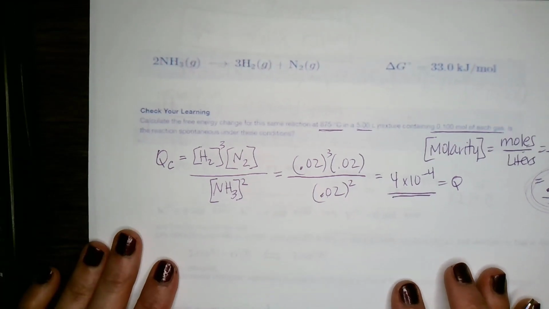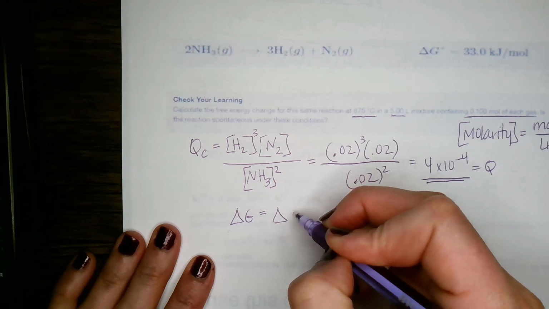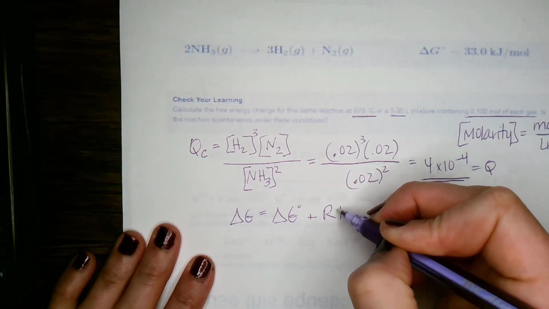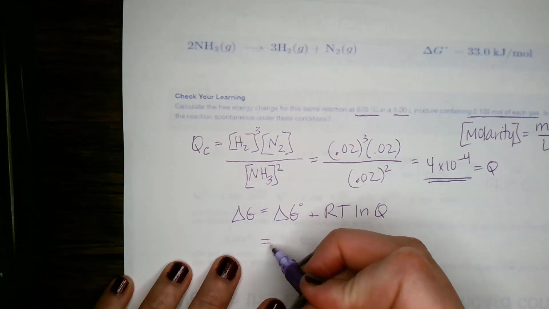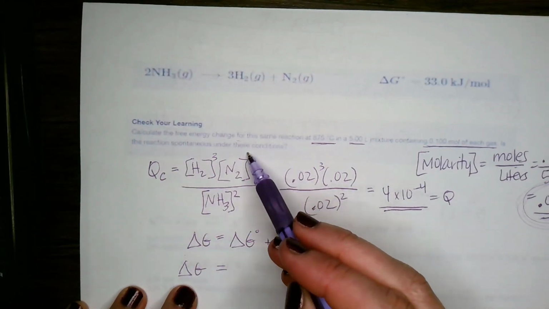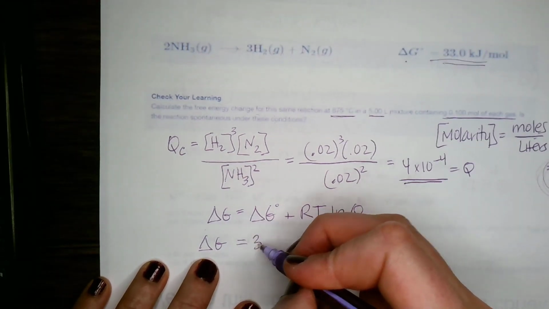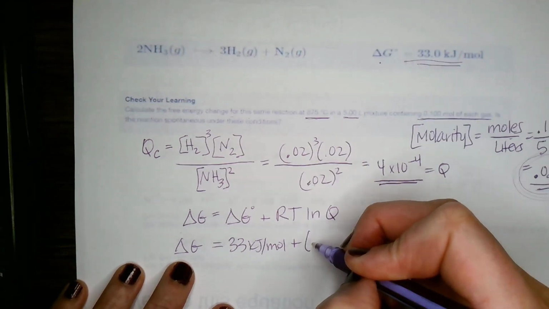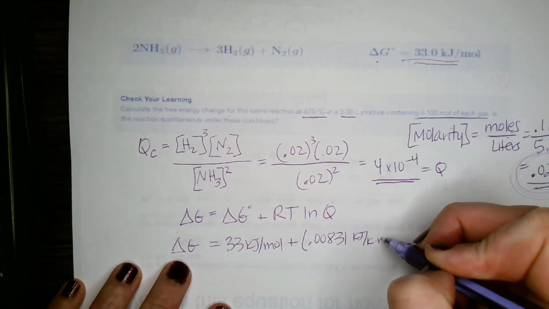Okay, now let's plug in. We know that delta G for non-standard is equal to delta G naught, our standard, plus RT natural log of Q. So we should be given, here's our delta G, 33 kilojoules per mole plus 0.00831 kilojoules per Kelvin mole.